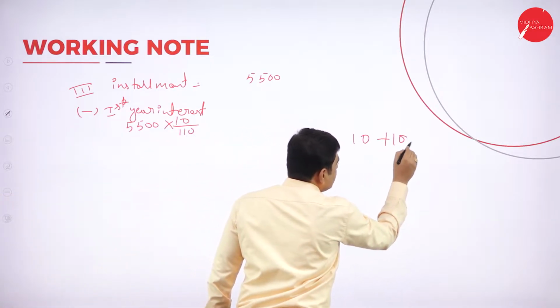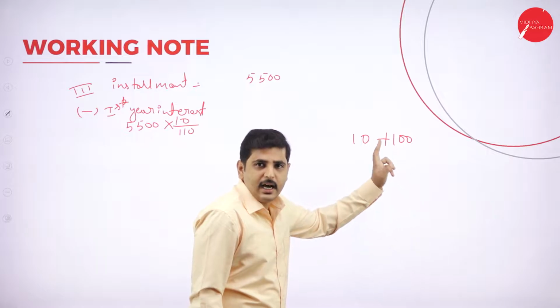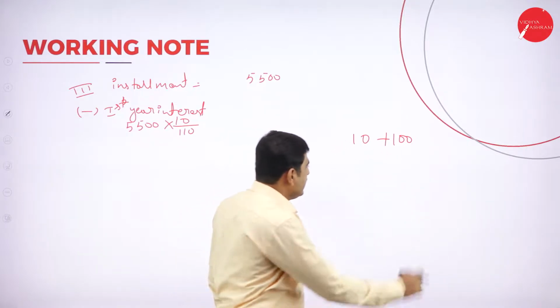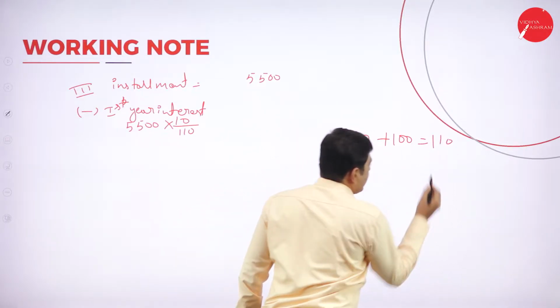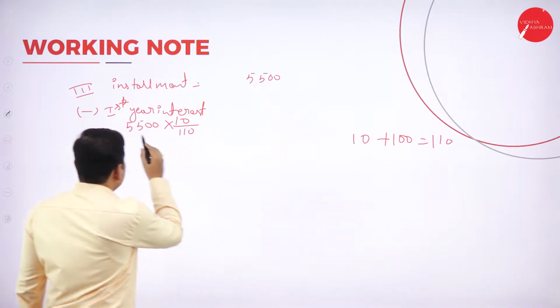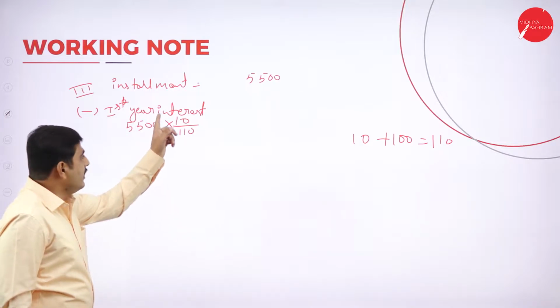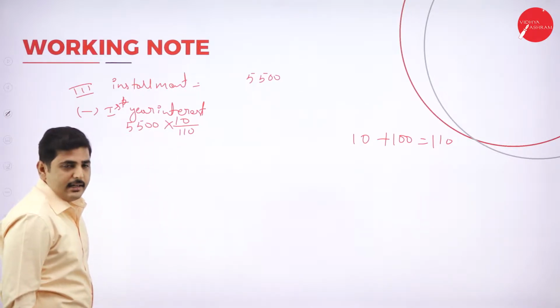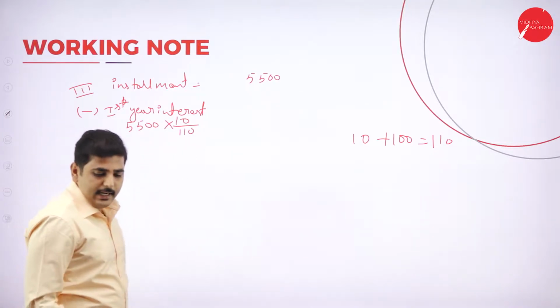If the cost price is 100, interest is 10%, equals 110%. How to bifurcate that? So the amount equals 5,500 into 10 by 110, you will get the actual interest you are paying.